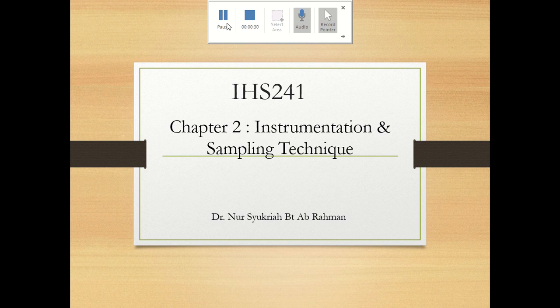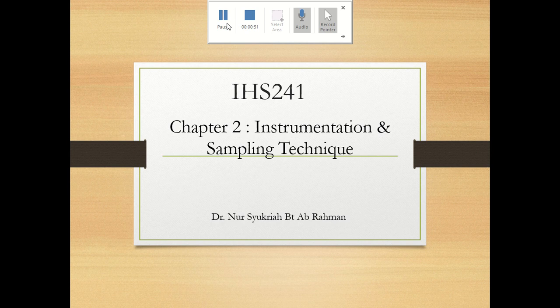Basically, as a hygiene technician, you need to conduct chemical exposure monitoring at the factory, and you need to identify the contaminant that you are facing, for example, whether it is gas, vapor or particulate.